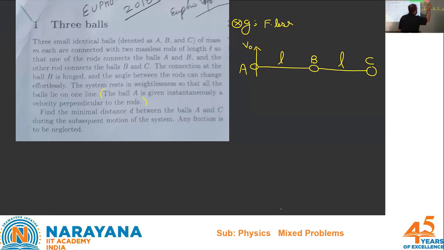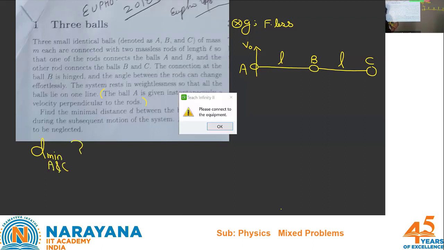So if this structure is moving on this frictionless table, we have to find the minimum distance between A and C. What is the value of d min between A and C? That is what we have to find out in the problem.